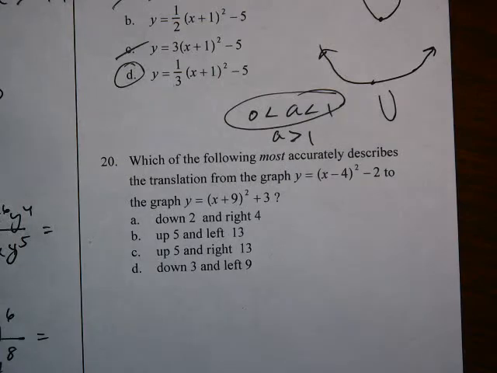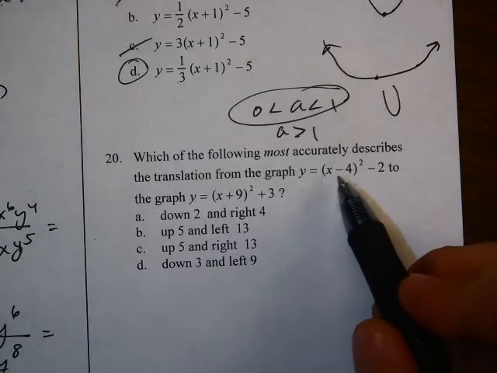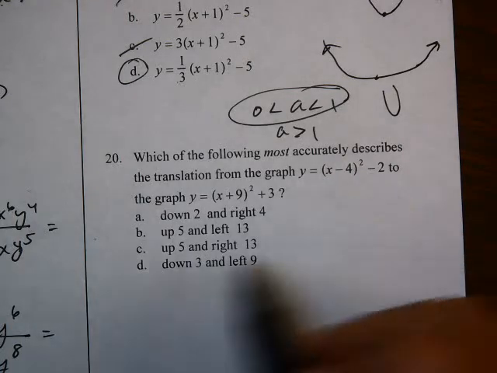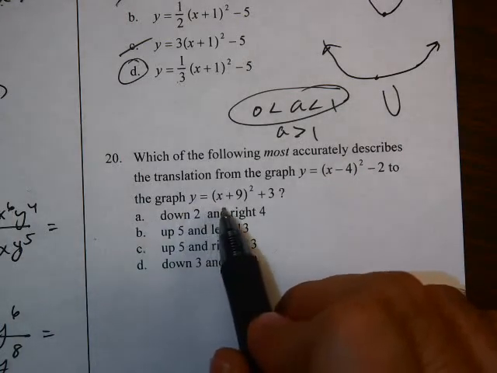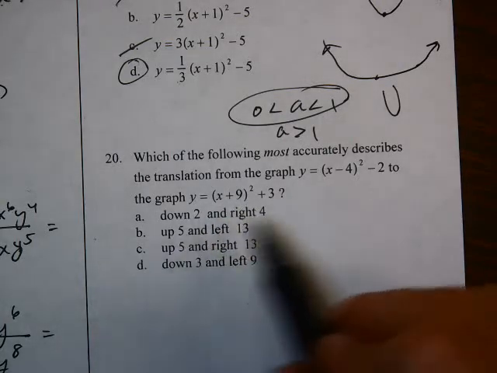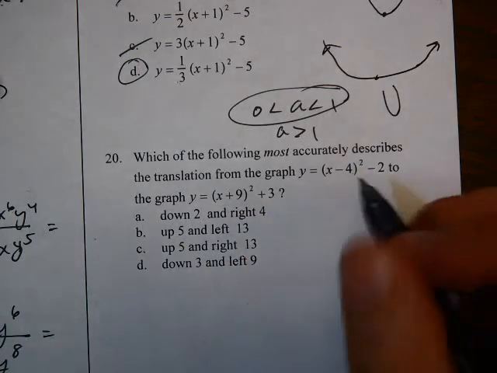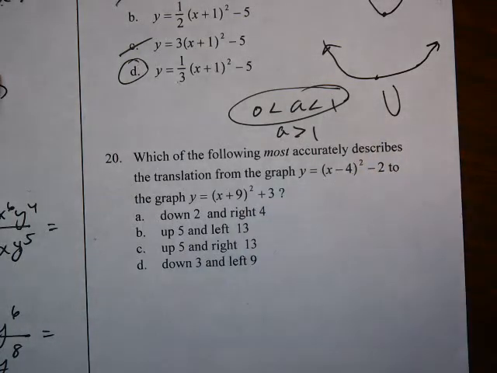20. Which of the following most accurately describes the translation from the graph y equals the quantity x minus 4 squared minus 2 to the graph y equals the quantity x plus 9 squared plus 3. We've got all these directions happening, so we're shifting from this graph to this graph. The best, easiest way to do this is to look at the vertex of each graph.